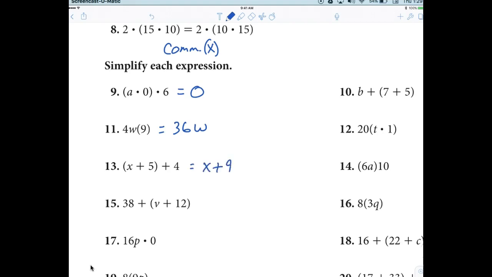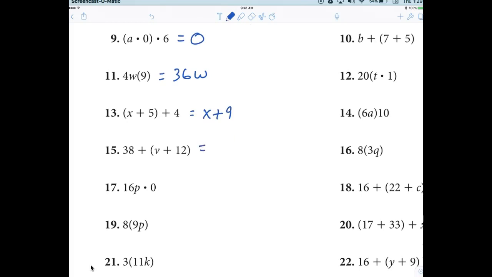That's just x plus 9. How did I know it was x plus 9? Because you add 5 and 4 together. Is everybody happy with that? So 15 would be v plus 50. What did I do? I added 38 and 12.